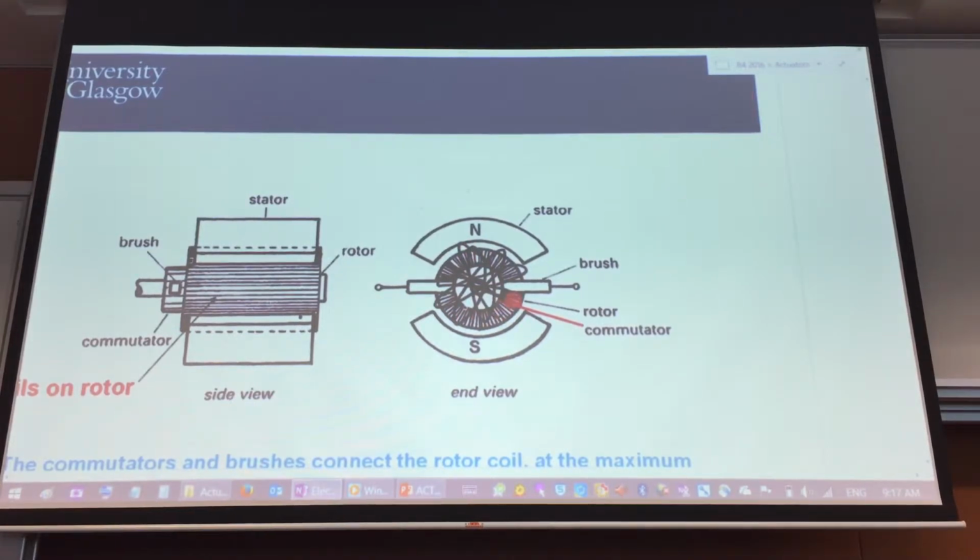So I'll coil it in that way. So you can see that at any point of time, a lot of strands of wire are experiencing the force. Right? So this is good. So the current would just flow within it in that direction.